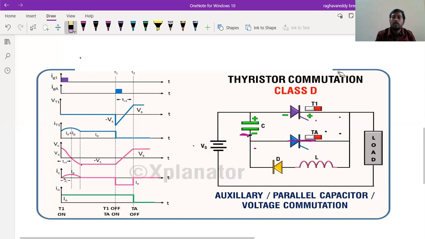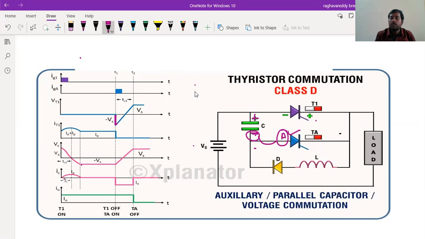So this is the final voltage across the thyristor T1, which is negative, and due to the negative supply, this current will discharge through the auxiliary thyristor to the load, and after a certain duration the capacitor is positively and negatively charged, and negative is connected to the anode of the auxiliary thyristor.